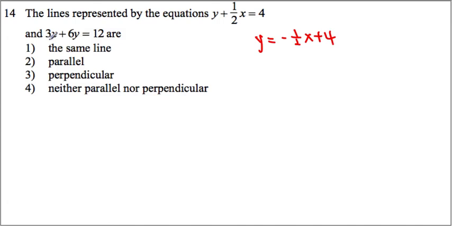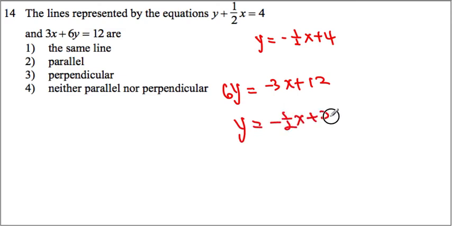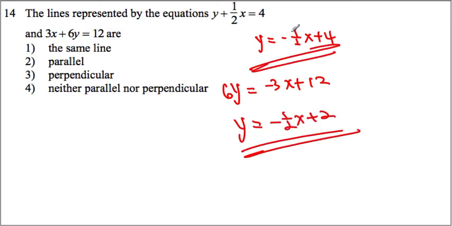Here, by subtracting 3x, we get 6y equals minus 3x plus 12. When you divide by 6, we get y equals negative 1/2 x plus 2. Now you will realize that y-intercepts are not the same, 4 versus 2, but slopes are the same, so therefore they must be parallel to each other.